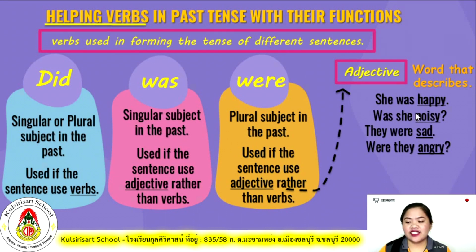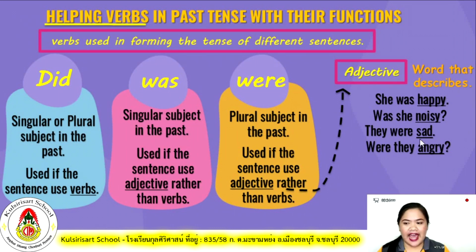The adjective there is the word happy. Next, we have: Was she noisy? The adjective there is noisy. As we can see, the sentences use was because both use adjectives.